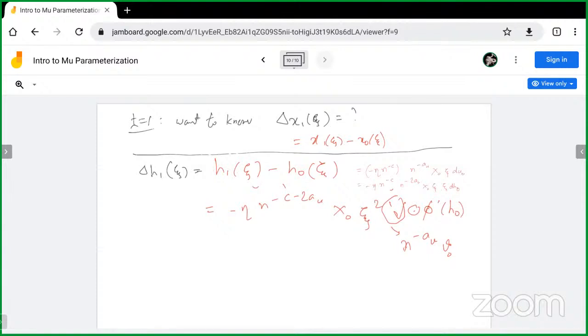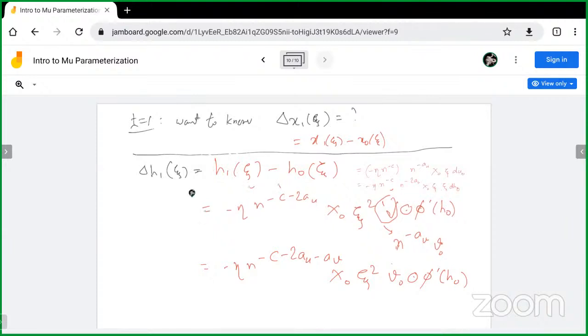So this is just minus eta into the minus c minus 2 au minus av by 0 zeta square v0, which is multiplied by phi prime 0. It's a neat trick, maybe it's ugly to read. Okay, great. This is what it is.